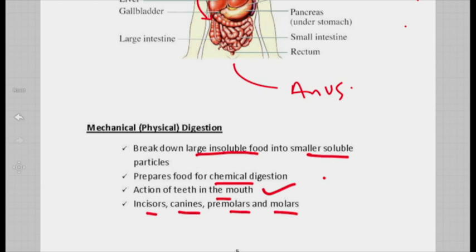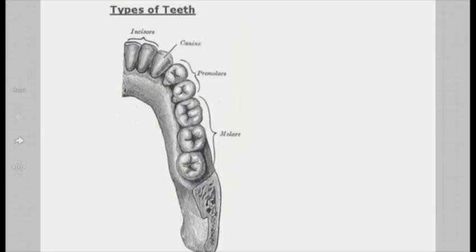And each type of tooth here has a very unique role. So it's very important for you students out there to know the specific role of each type of tooth in the digestion process. Talking about the different types of teeth in the human mouth, we can see from this diagram, from this graphic, the different teeth outlined right from the front to the back.